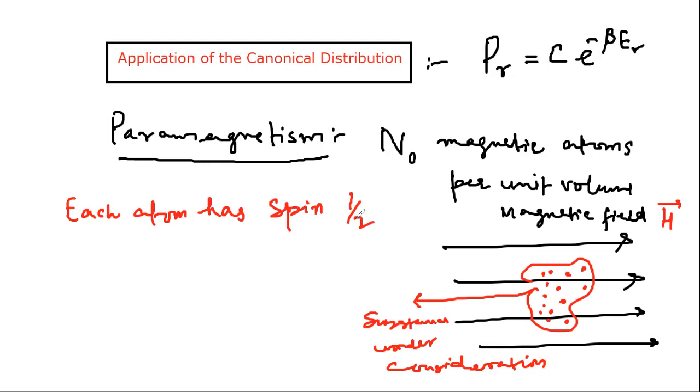So in the atom, there will be one unpaired electron. So overall atom will have spin half, and an intrinsic magnetic moment of the atom, let that be mu.